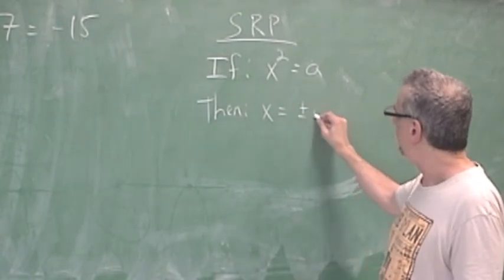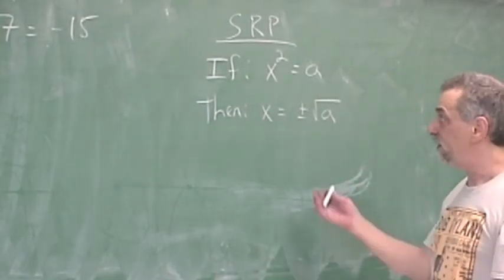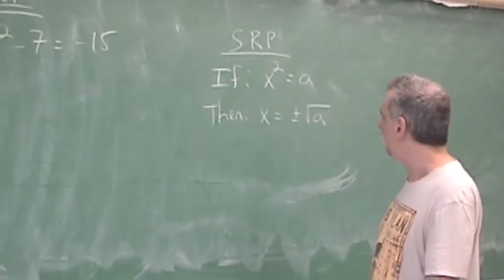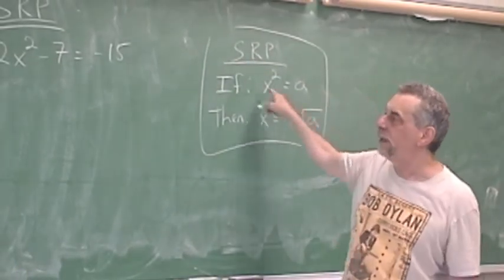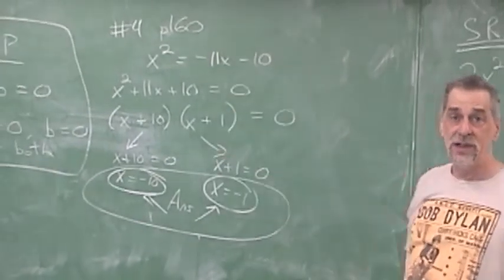And remember to take plus and minus the square root of one side. You don't have to take plus and minus of both sides. Just take it of one side and you take care of the plus and minus. And this is only going to work when you don't have an x term. You can't use this property over here because that x term is going to get in the way.